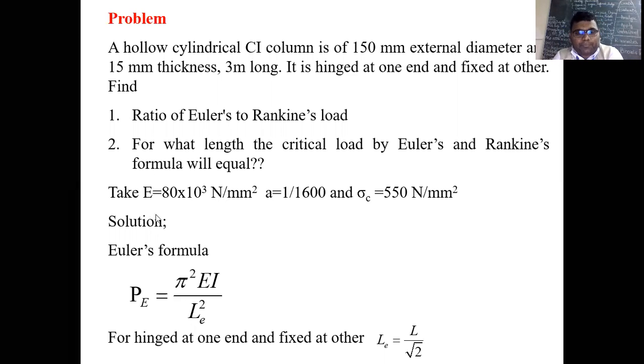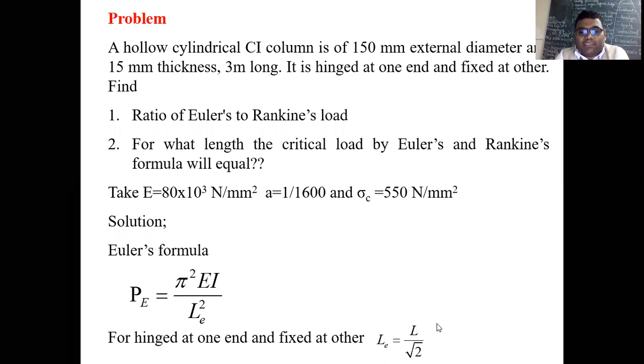So we know the Euler formula, pi square EI upon LE square, and for this condition, hinged at one end and fixed at another end, LE is equal to L upon root 2.